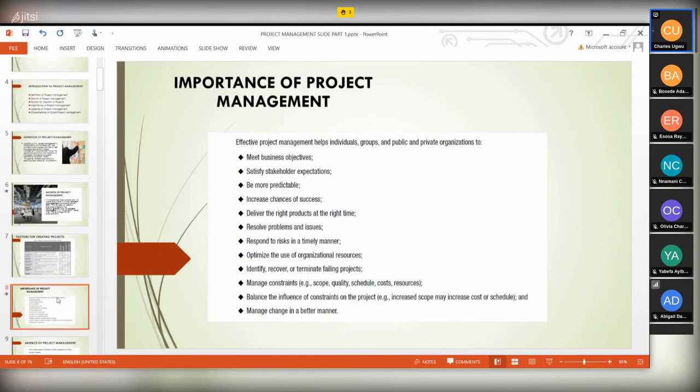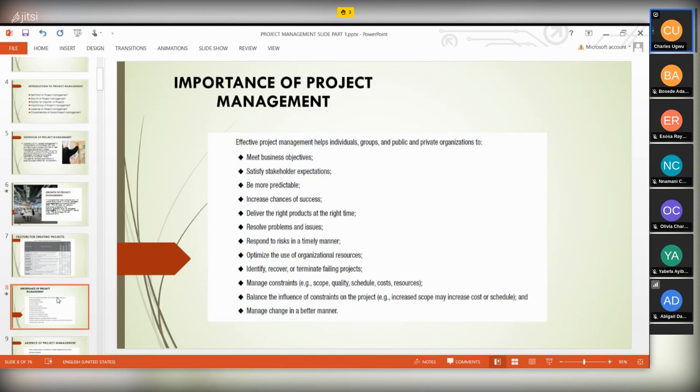So Apple started using agile methodology to manage their product, and that's why they've been able to hijack the market, and every other company started copying Apple's success story, and that's the reason why time to market, delivering the right project at the right time, is very important.